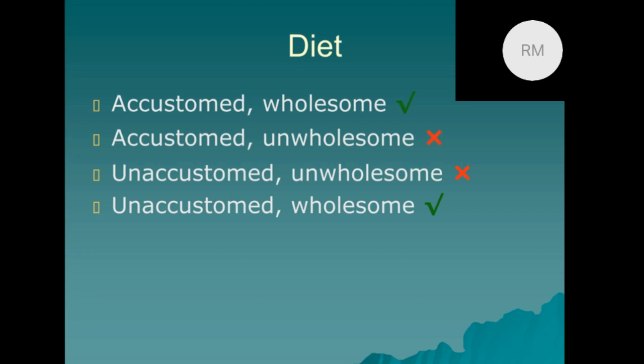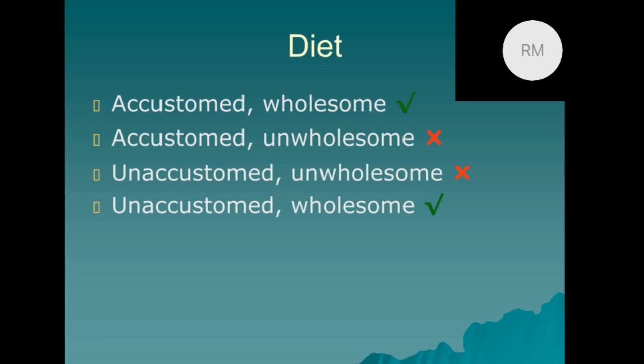And then there are people who are not accustomed to wholesome diet, and we have to actually train them to change over to wholesome food. So the transition from a bad dietary regimen to a more healthy dietary regimen has to be done in steps.